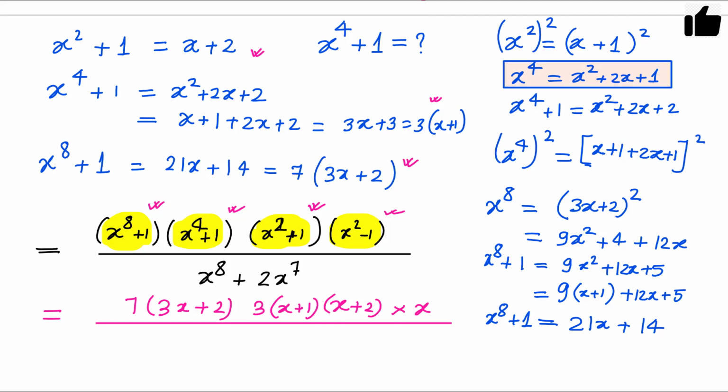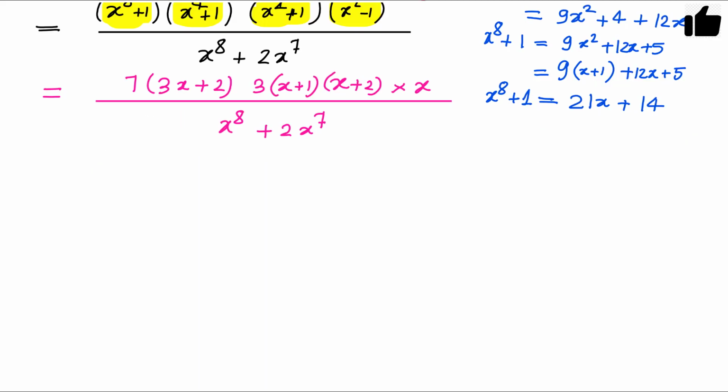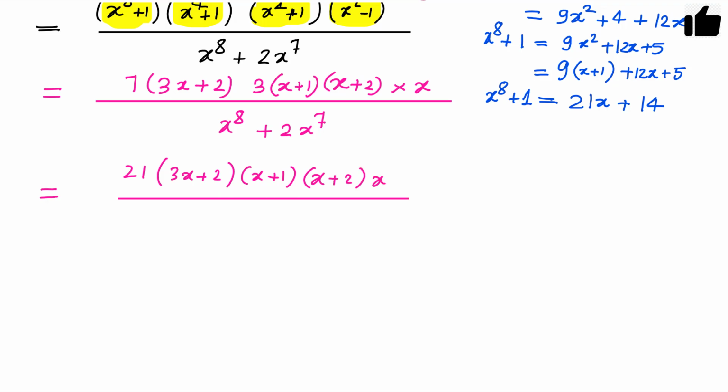And this divided by, you have x raised to the power 8 plus 2 times x raised to the power 7. Now we can rewrite. So this is 7 into 3, 21, and this is (3x plus 2), and this is (x plus 1) times (x plus 2) times x, and in the denominator we can take x raised to the power 7 common.